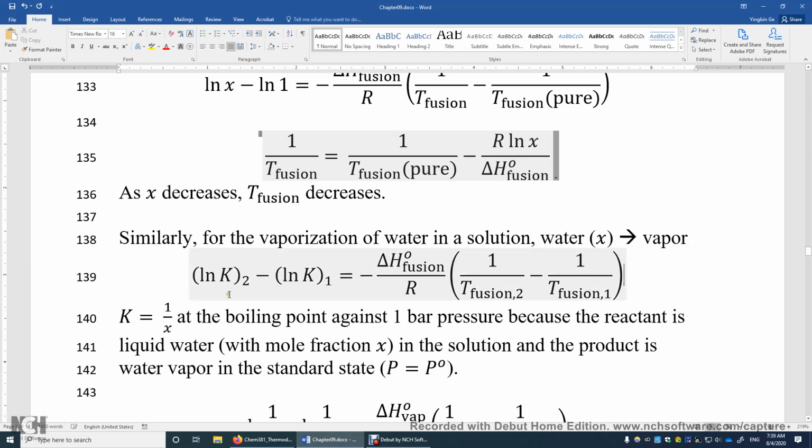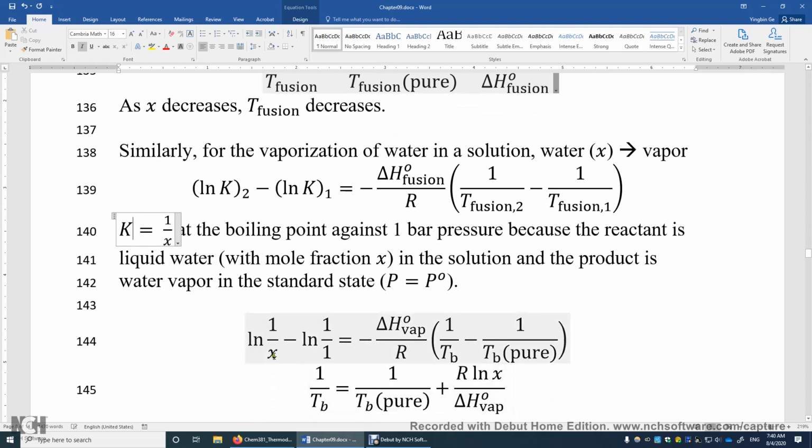And then we still use this equation, and this time this K, the equilibrium constant, is this. Again, assume it's 1 bar. So 1 bar over P0 is just 1. The product is 1. The reactant, that's X. So in this case, K is 1 over X.